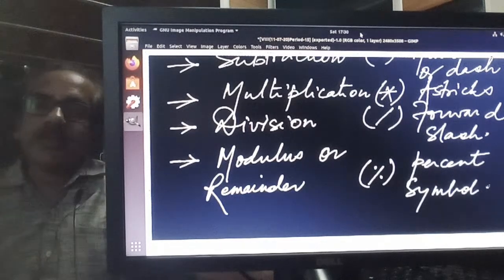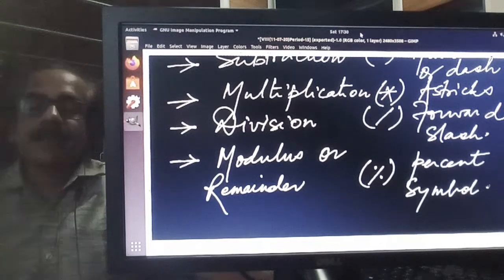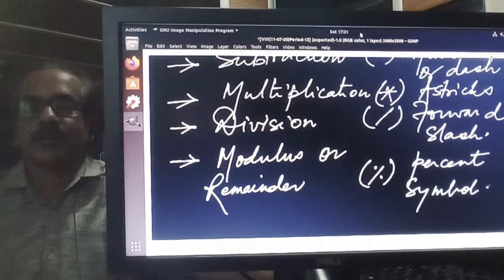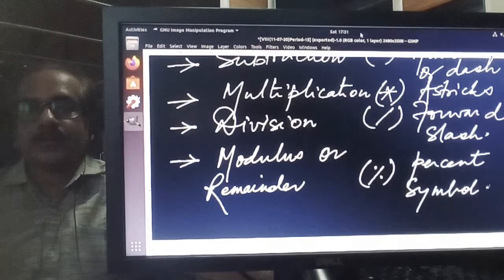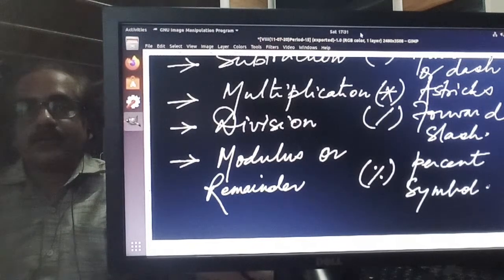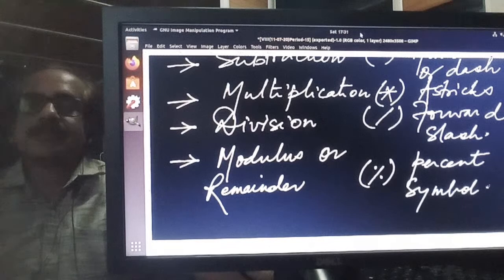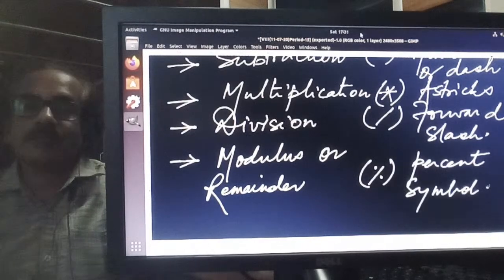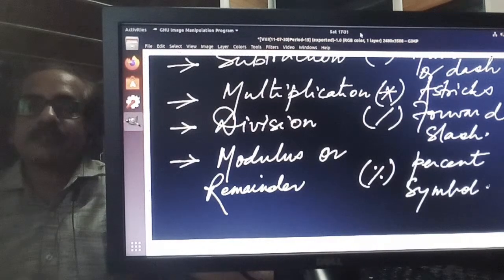So one thing to keep in mind while writing the expression is that data type is very important. If an addition operation is given on integer type data, then addition of integers will be there. Similarly, subtraction, multiplication, division particularly.